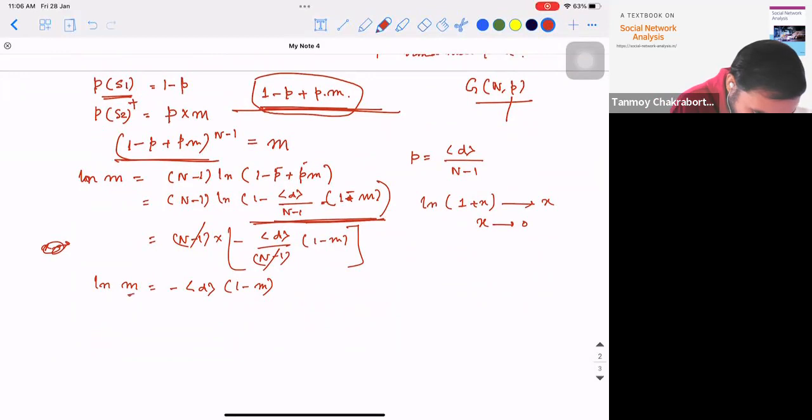Again, M is the probability of not being a part of the giant component, and mod d is the average degree.